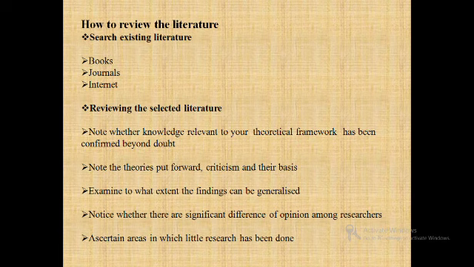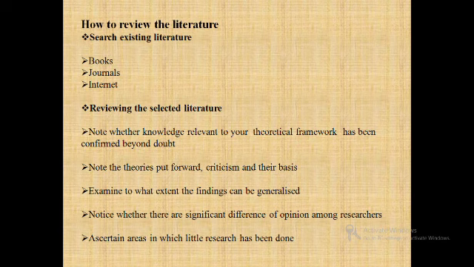Review of literature means you have to search the existing literature, such as the books available on the topic of your research, the journals, and the internet. For example, while reviewing the selected literature, some of the things which the researcher needs to keep in his mind is to note whether the knowledge which you are reviewing is relevant to the theoretical framework which has been confirmed by you beyond doubt.